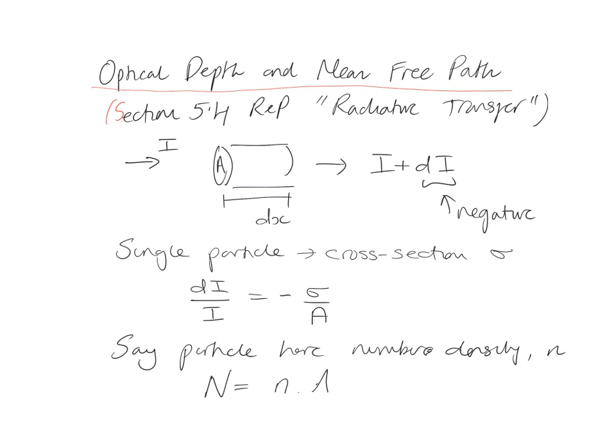And the volume, of course, is the area times the length. That's the total number of particles in our little chunk of gas. Now, as long as those don't overlap, the fraction of the light that's getting absorbed, dI over I, is equal to minus the number of particles times their cross-sectional area divided by the total area. Again, that's the fraction of this little area element that's covered by the cross-sections of the particles.